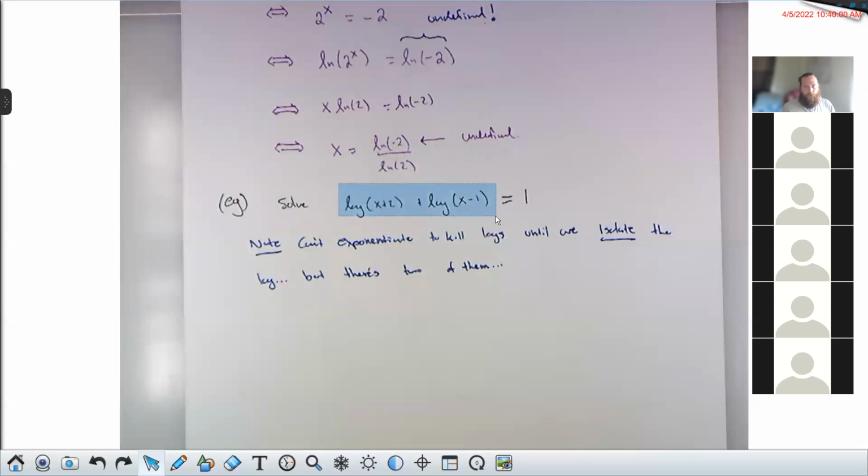Is there any way I could put this together into a single logarithm, which I could then isolate and get rid of?